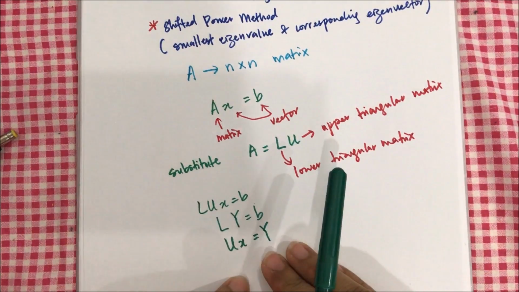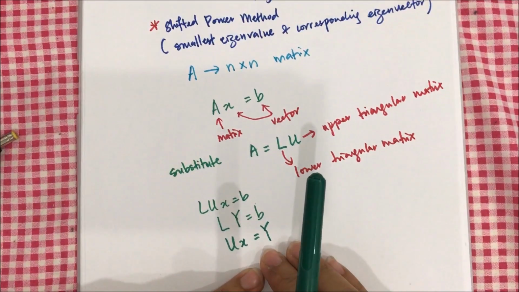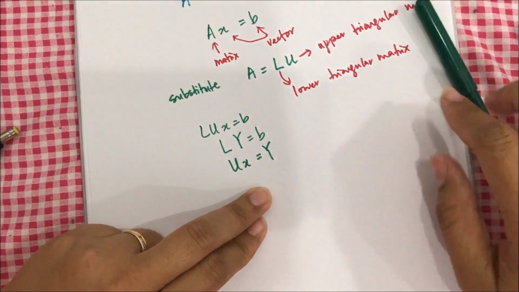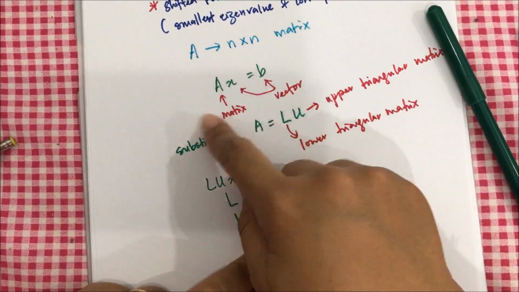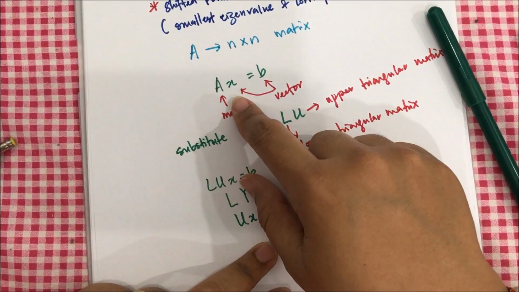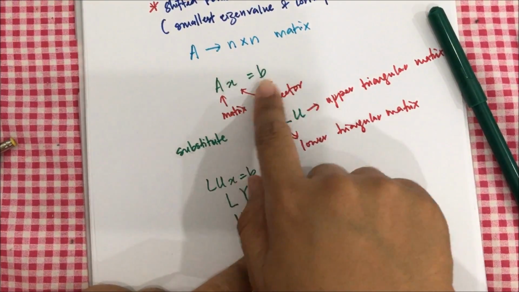So this one is similar to the previous chapter, but in this chapter we are going to solve for the eigenvalue and its corresponding eigenvector.